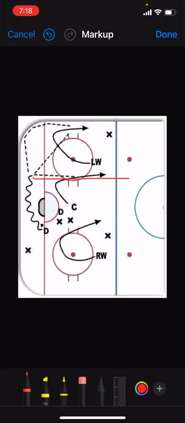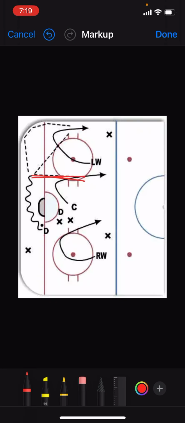Really vertical, as opposed to this one, and certainly as opposed to that rim around the corner. But this pass is heading towards the wall. If it's caught, it's getting away from the center of the ice. It's getting out to the wall. And if it's missed, it goes off the wall, and it might give this guy another chance to get that puck.